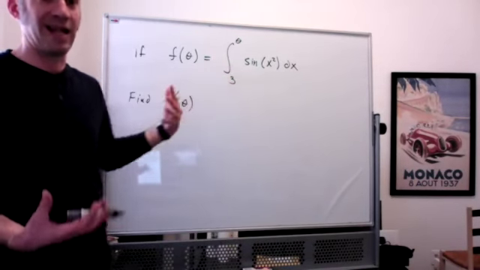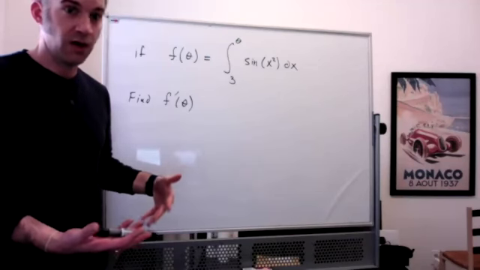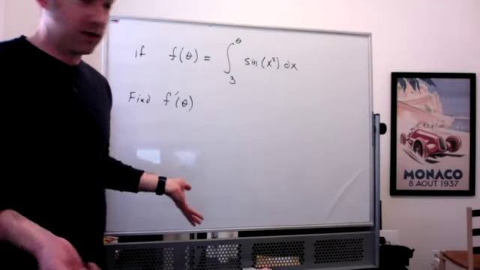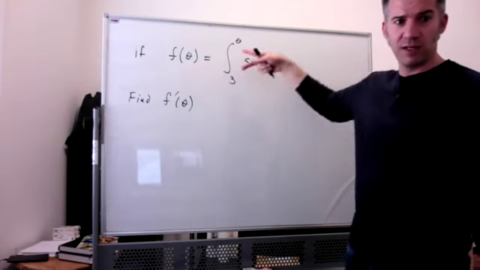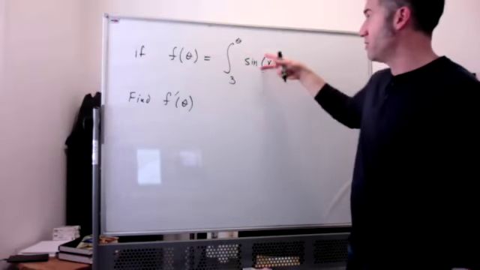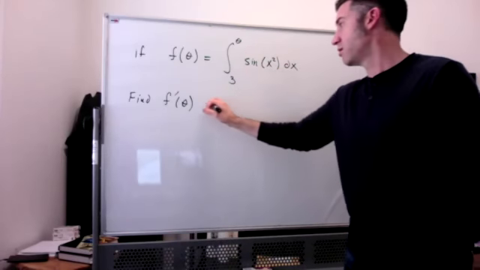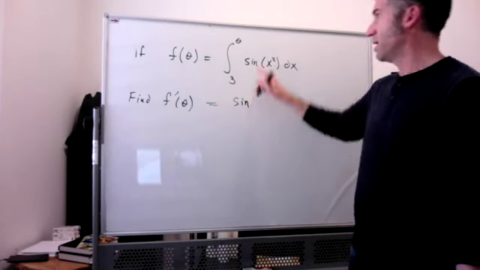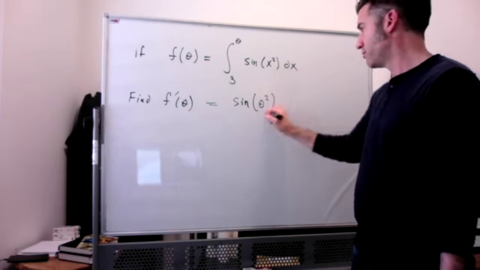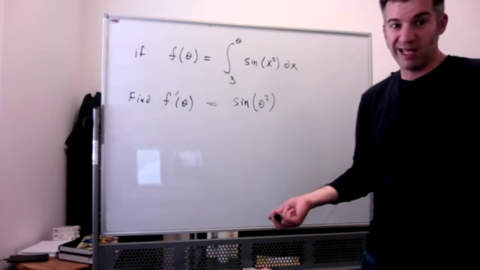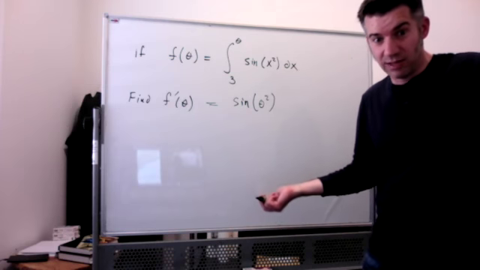It is a function that cannot be anti-differentiated. Fortunately, we don't need to. We can apply the fundamental theorem and say that the derivative of this integral is just the stuff inside, except it's now sine of theta squared. And that's it. There's nothing else.